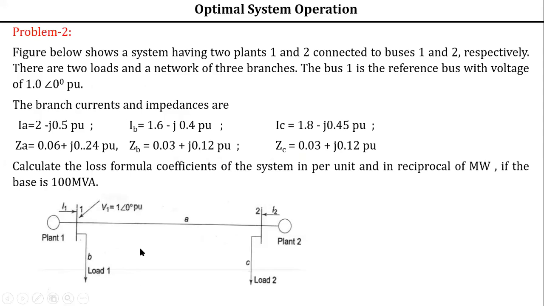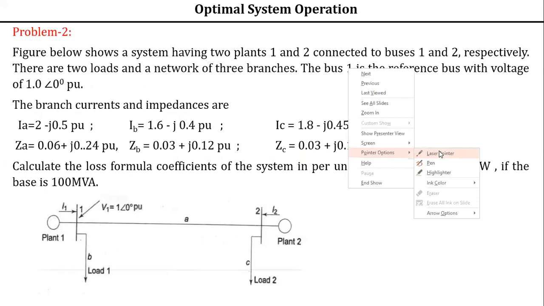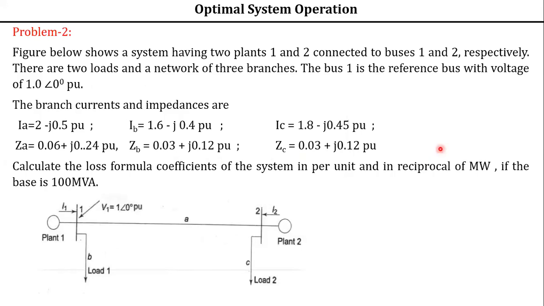Before proceeding, first understand the problem. For any numerical problem, read carefully what has been given and what has been asked for. The figure below shows a system having two plants, 1 and 2, connected to bus 1 and bus 2.